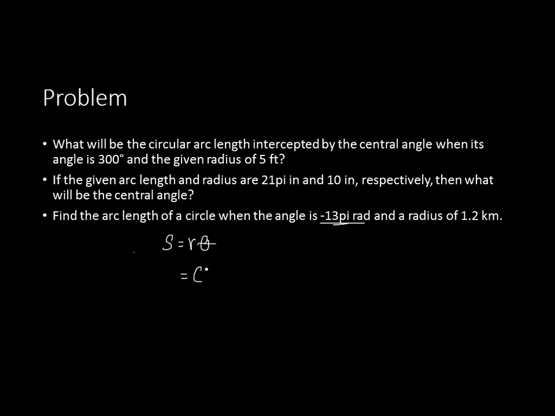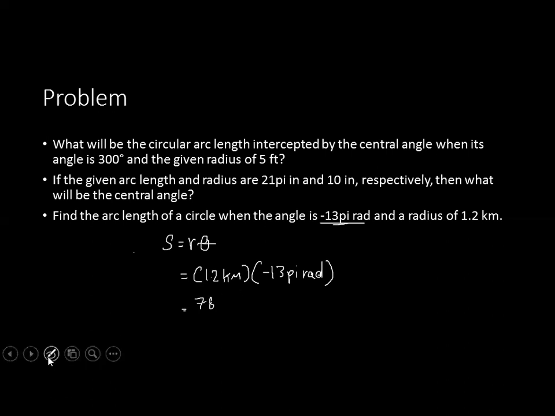So radius is 1.2 kilometers and a theta of negative 13 pi radians. So what would be our answer here? So 1.2 times negative 13 pi radians, you will have 78.